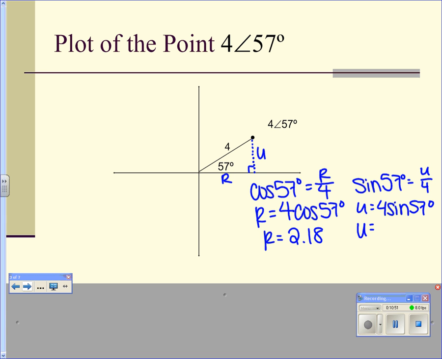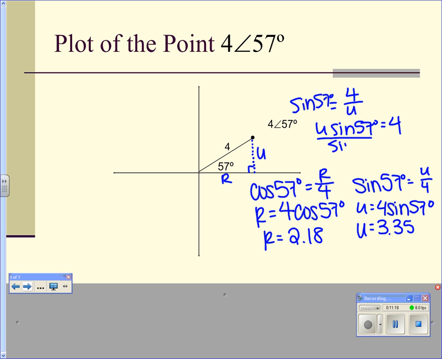And what do you get for u? If it was 4 over u, you would multiply both sides by u. You get u sine 57 equals 4. And then how do you solve for u?